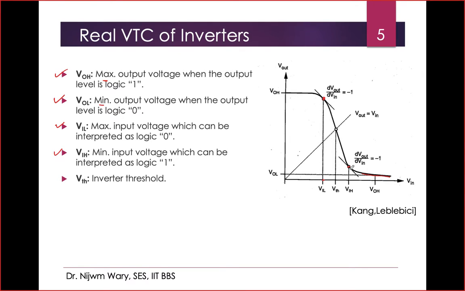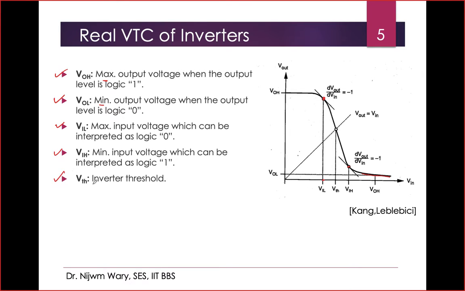And how do we define this VIH point? To calculate VIH, again we take the derivative dVout with respect to Vin and equate it to -1, and this is the point where the slope is -1. Any input higher than VIH is termed as logic high.